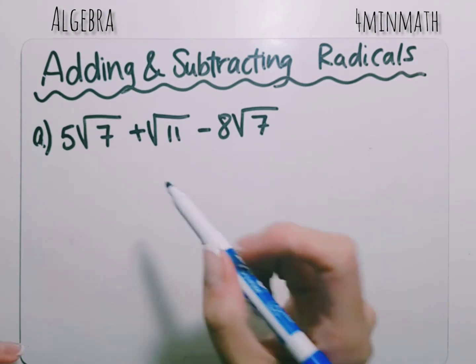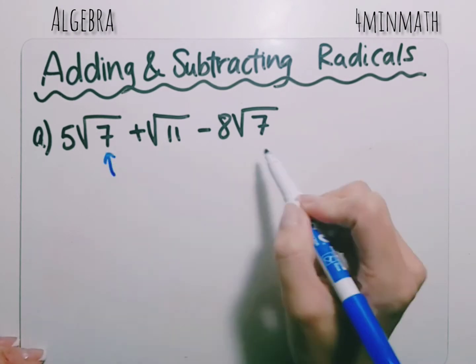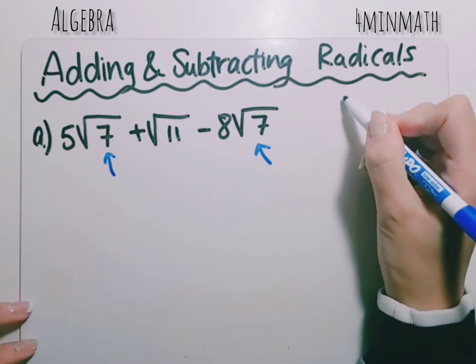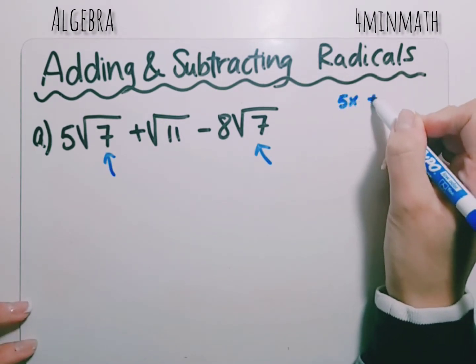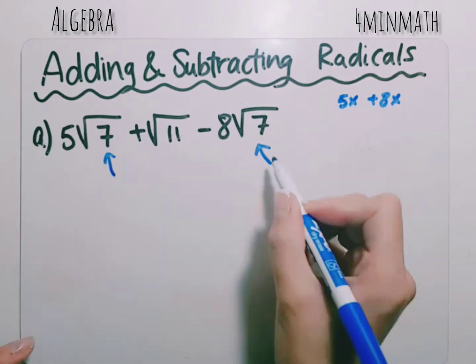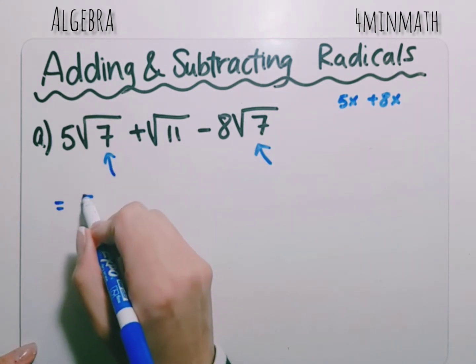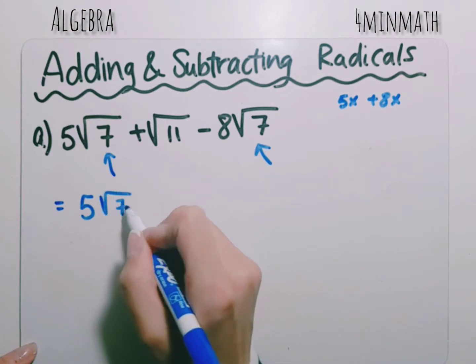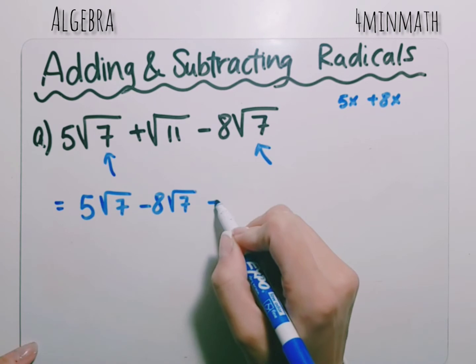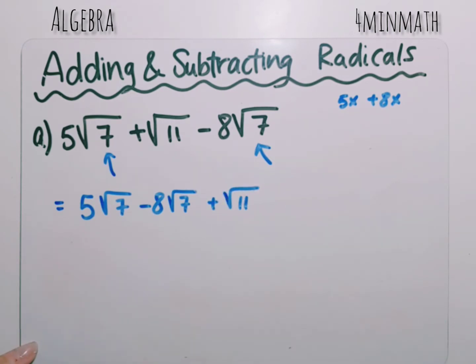Because I know that radical 7 or square root of 7s are my like radicals or like terms, just like how we would have 5x plus 8x, we can treat that as the like terms. So what we do is 5 radical 7, I'm going to rearrange, minus 8 radical 7 plus radical 11.